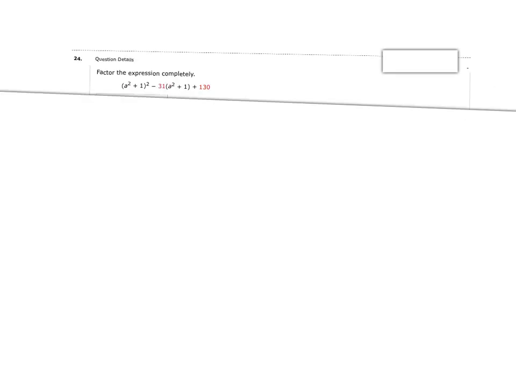All right, next up here, I'll use some more u subs. So we get u equals a squared plus 1. I'll just write it as u squared minus 31u plus 130. We'll factor that. And what would that be? Oops, not 13, it's 31. 26 and 5, is it?